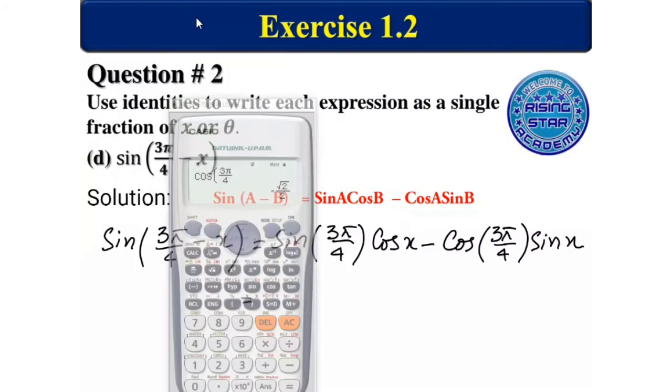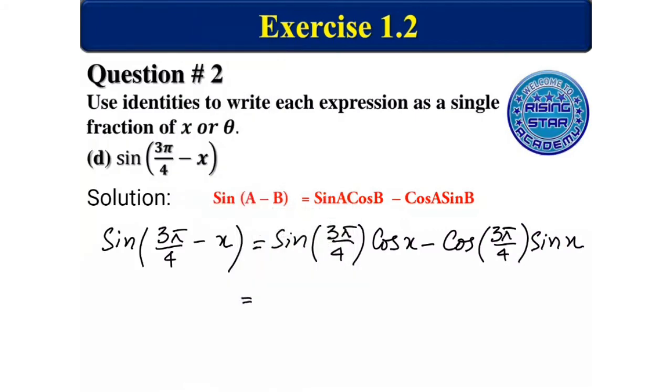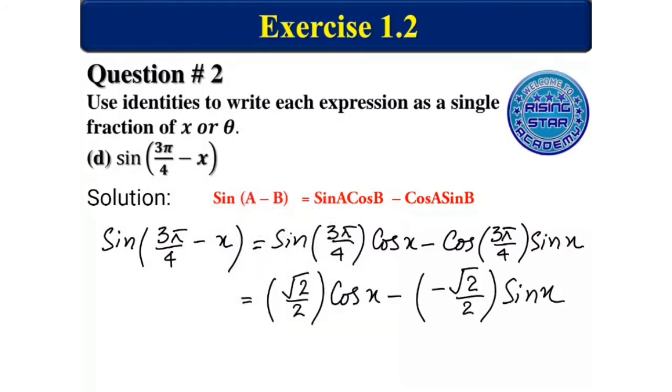So we will put the values. Now further simplify: we have root 2 over 2 cos x minus minus, so plus, root 2 over 2 sine x. Now our final LCM will be 2.